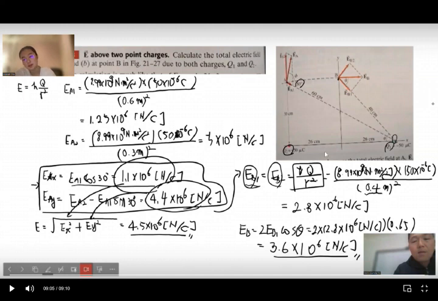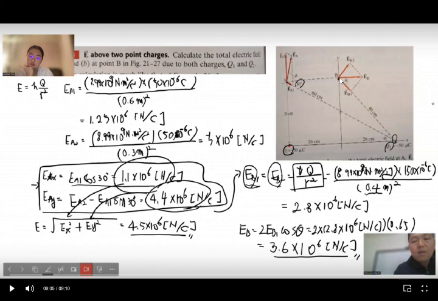No, actually, there's only an x component. You see that Q1 is a minus charge, so that has a downward electric field, and Q2 is a plus 50 microcoulomb charge that produces an outward electric field.